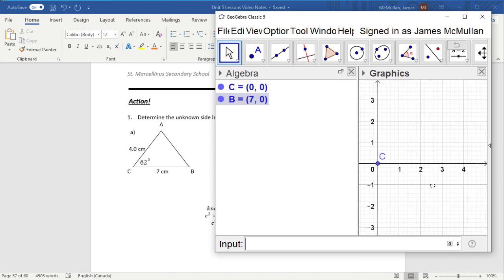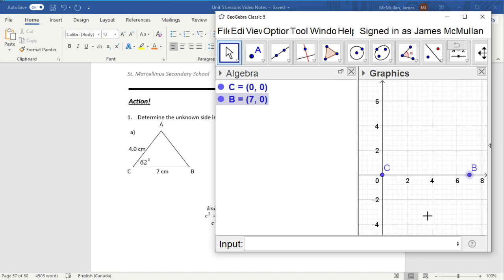Because it has to be 7 units away. Now I know that the other point is 4 centimeters. So what I'm going to do is I'm going to rotate point B 62 degrees.